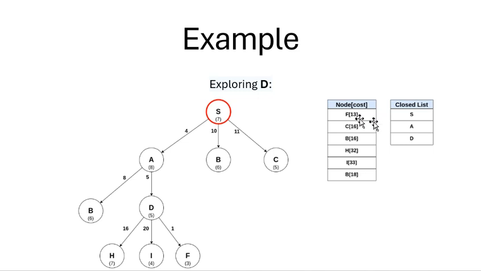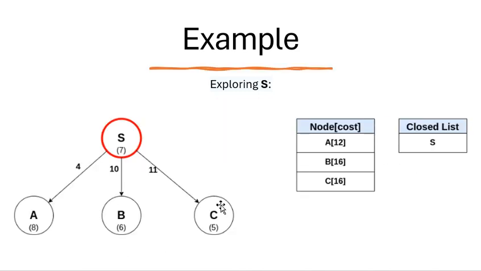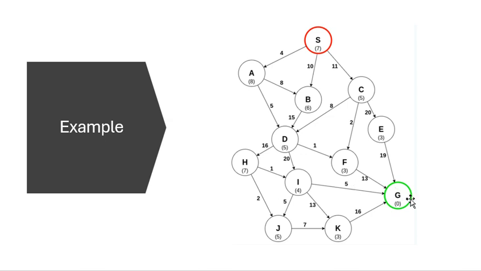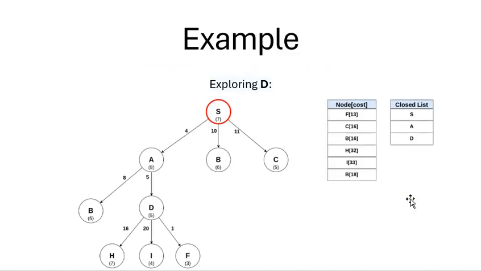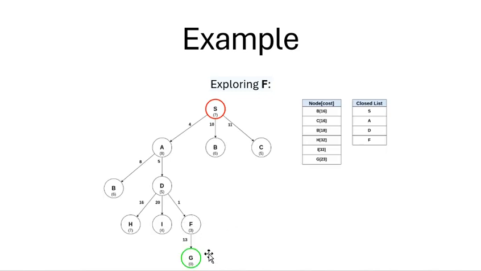So we will add F to the explored or closed list. And from F, we can go directly to G, our destination. So from F to G, we have the destination path, and we update our priority queue by adding the G node, which is our destination node.